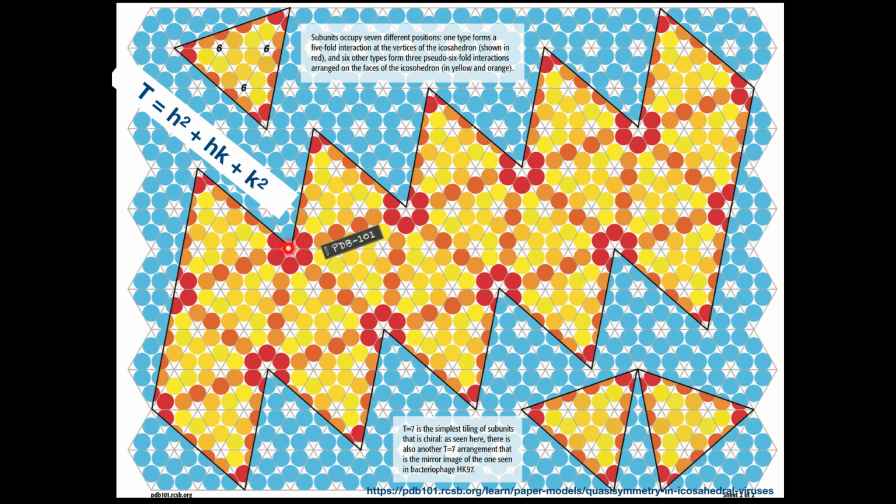So here's a 5-fold axis of symmetry, here's a 5-fold axis of symmetry. You hop by going 1, 2 in this direction, which would be your H. Then you change directions. Anytime you change directions, it's a different axis. So this would be K of 1. So here you have a T equals 7. And we'll look at an example of this in just a second. So that's how we can calculate our T-numbers, just given one of these icosahedral symmetries.